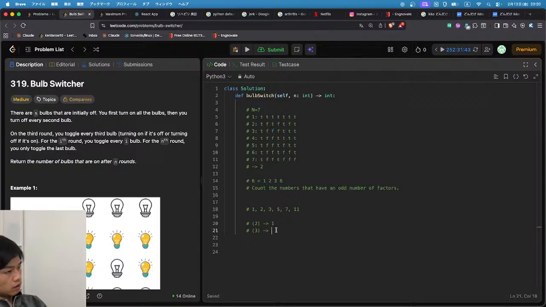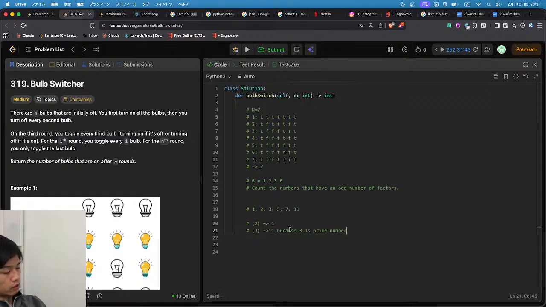We can assume it never changed because 3 is a prime number.